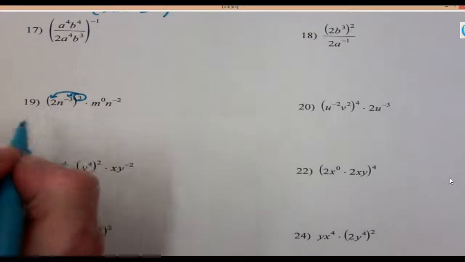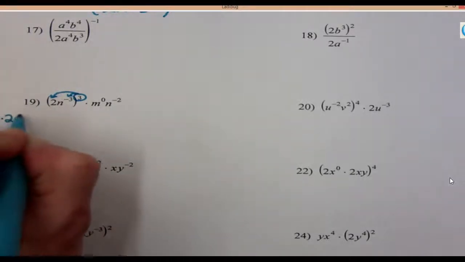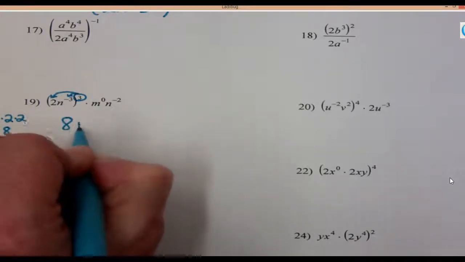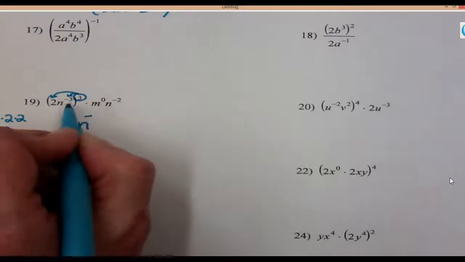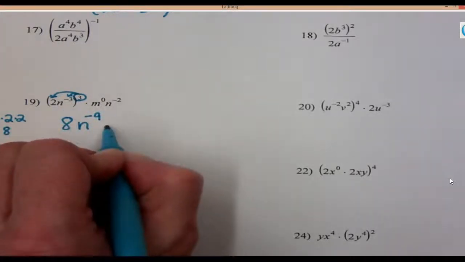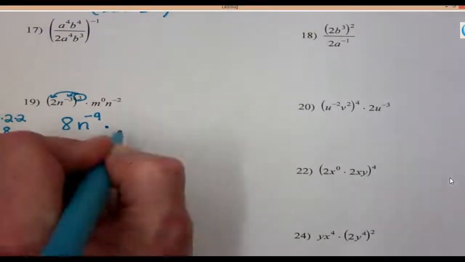So 2 raised to the 3rd power is 2 times 2 times 2, which is 8. So I get 8n to the negative, I'm going to multiply those two, negative 9, times m to the 0 power is 1.